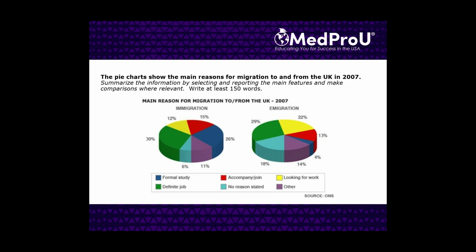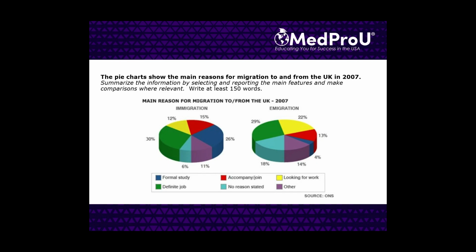Okay, the pie charts illustrate the main purpose of relocation to and from UK in 2007. Very simple, that's right. The pie charts demonstrate in percentages why people move in and out of UK. Okay, correct? Peter, the pie charts indicate why people move into and out of UK.